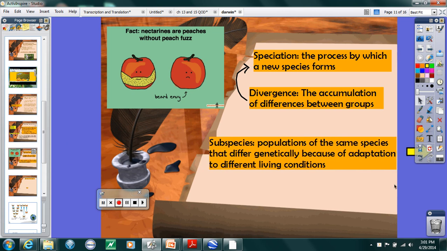And this can create what is known as a subspecies, where you have populations of the same species that differ genetically because of adaptations to different living conditions. Tigers are a very good example of subspecies. I want to say there are 9 different subspecies of the Bengal tiger, all based on different living conditions. So different in their striping patterns, different in their coat color, those types of things.